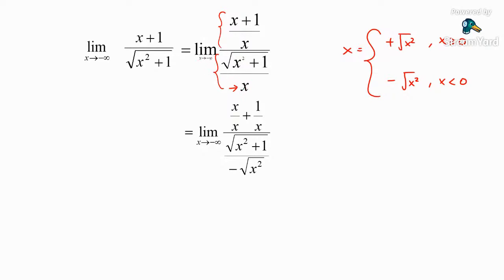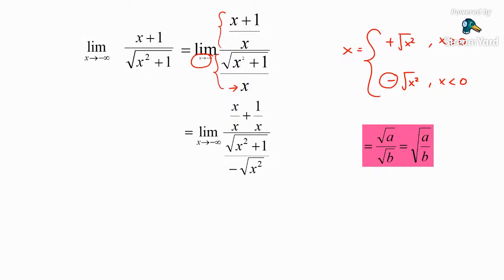So when you substitute x with negative infinity, it simply means that x will be a negative number. Therefore, when we change the x into a root, we need to use the negative square root of x squared. We cannot use the ordinary square root of x squared because the value of x we want to substitute is negative. So I have to change it into negative square root of x squared. Now this is a root over a root, so I can actually simplify them into one root.